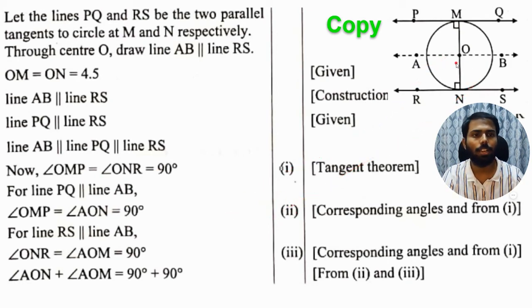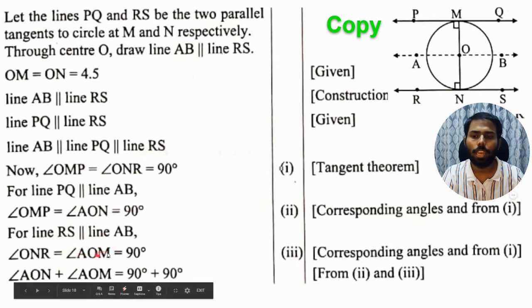सिमिलरली अभी नीचे वाले के लिए कर लो. RS is parallel to AB, right? RS parallel to AB. यहाँ पे कौन से दो करस्पॉन्डिंग एंगल्स है? इस एंगल को और इस एंगल को करस्पॉन्डिंग एंगल्स ले लो. सो इफ दिस इज 90 डिग्रीज, सो दिस एंगल विल आल्सो बी 90 डिग्रीज. पहले वाले में इसको और इसको यूज करके 90 बताया था. सिमिलरली अभी इसमें नीचे में इसको और इसको यूज करके 90 डिग्रीज बता देंगे. तो सेम स्टेप इज ओवर हियर. एंगल ONR, यहाँ पे नीचे वाला एंगल ONR इज इक्वल टू एंगल AOM.